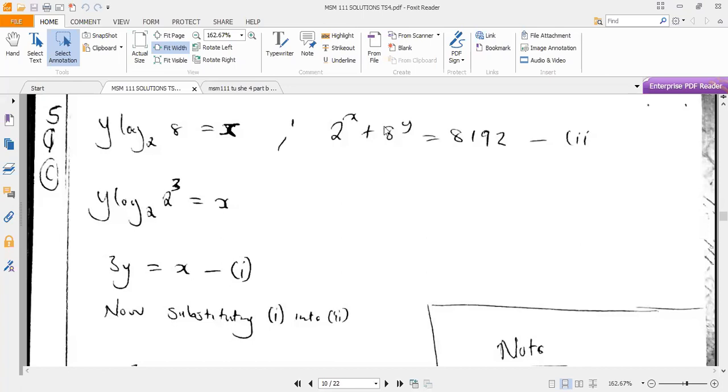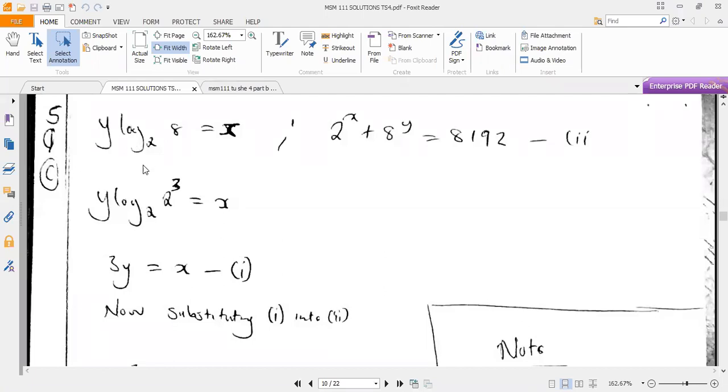Then there's another equation: 2 to the power x plus 8 to the power y is equal to 8,192. You can't start working out this one on the right-hand side, so we start with this one, which looks a little bit easier to manipulate.